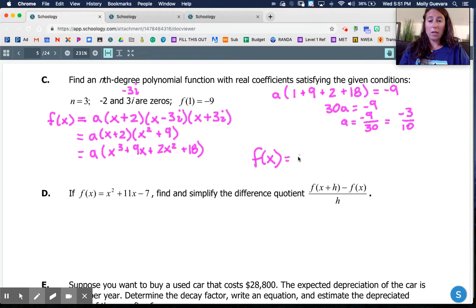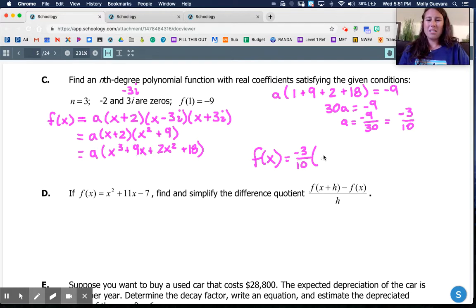I know that a is -3/10, and because it's a nasty fraction, I'm not going to distribute it into this parenthesis. If it was like 4 or something, I would go ahead and multiply this in to make it 4x cubed plus 36x plus 8x squared.